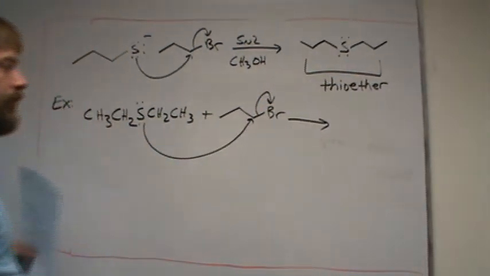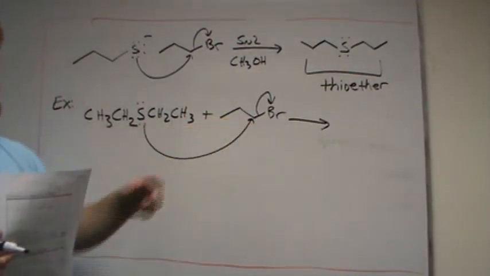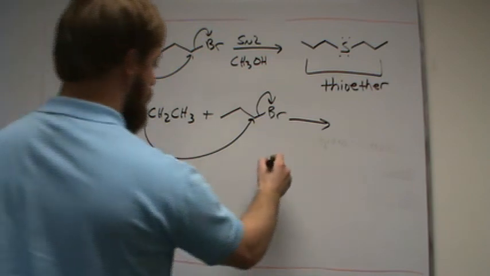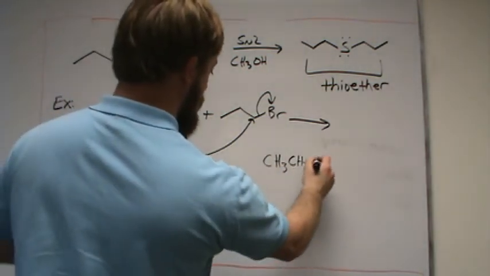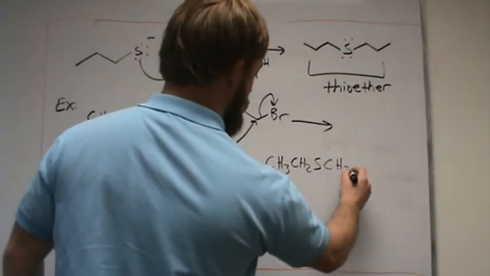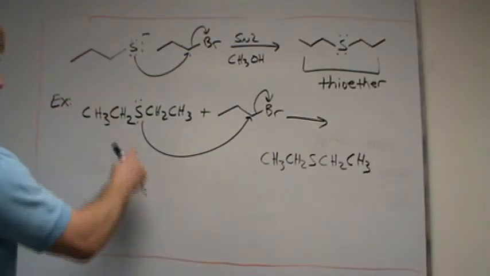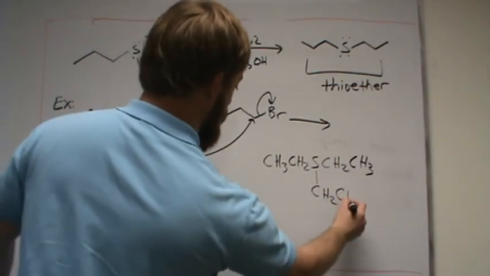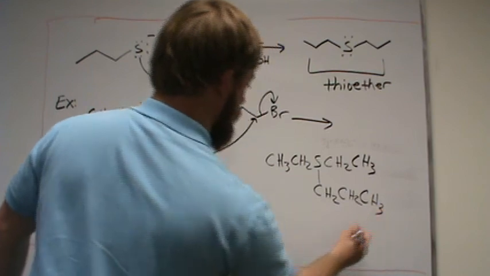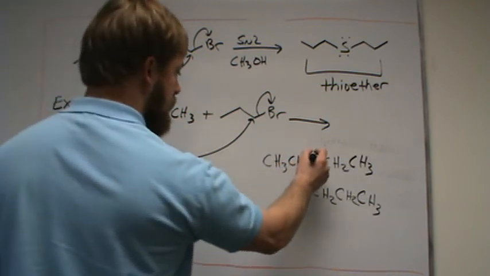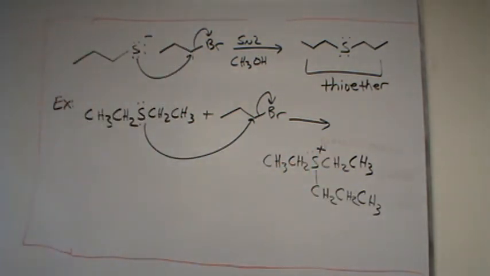The leaving group leaves. I form a new sulfur-carbon bond. So there's 2 and 2 carbons, and then a sulfur. So you can say CH3CH2 sulfur. These are still there as well. And then I formed a new sulfur-carbon bond. Sulfur was happy with 2 R groups on it. It now has 3. It lost a lone pair. It's a positive charge. There's a sulfonium.